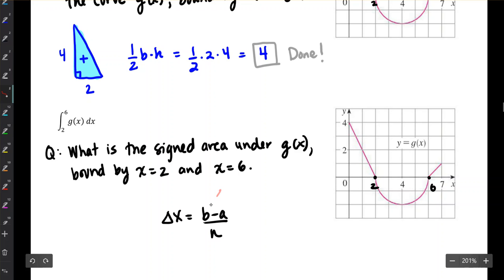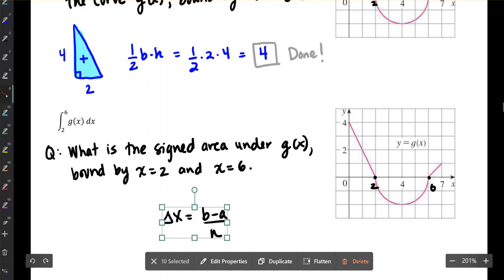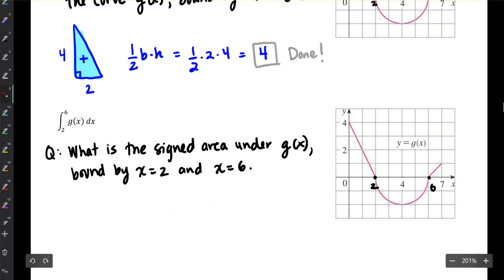As long as b is bigger than a, which we typically will do, that number is positive, and a negative times a positive is a negative. I'm below the x-axis. This is a negative area.